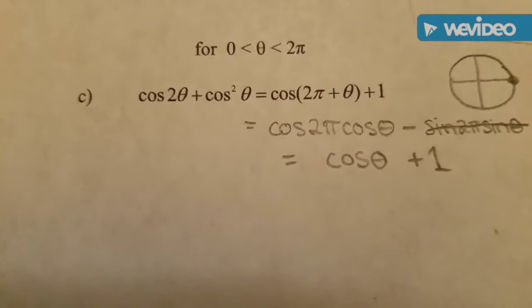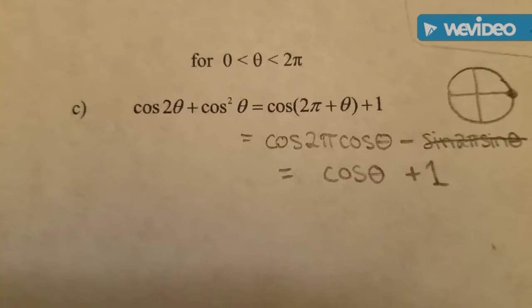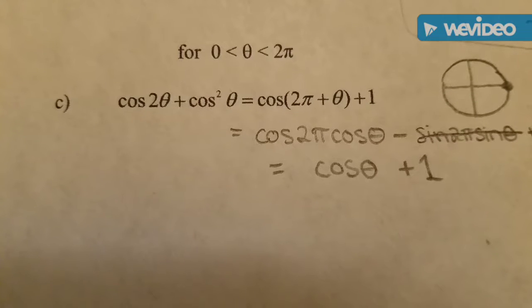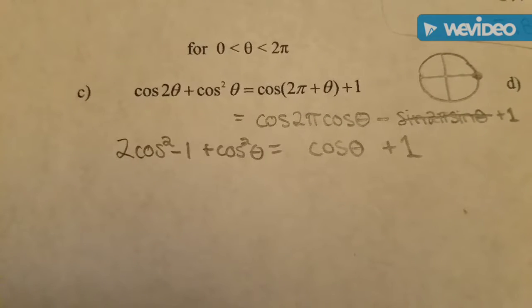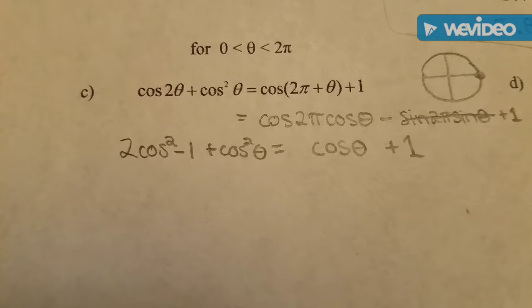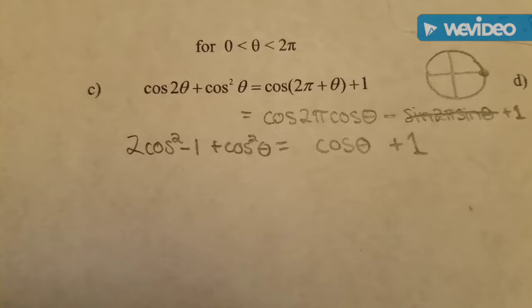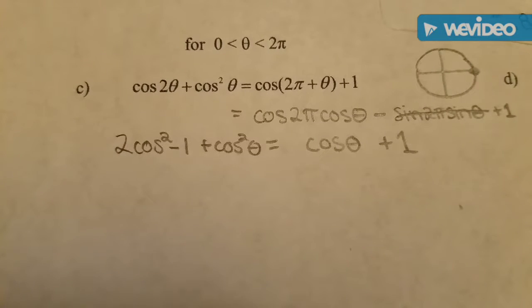So we're going to plug in for cosine 2 theta, 2 cosine squared minus 1. So we get 2 cosine squared theta minus 1 plus cosine squared theta equals cosine theta plus 1.